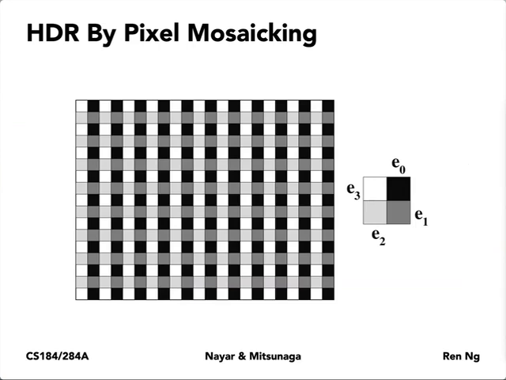Another way that folks have proposed, more at the image sensor level, in this case by a professor called Shree Nayar, who's one of the really tall figures in our research community, is something a little bit more like the color mosaicing architecture I showed you before.